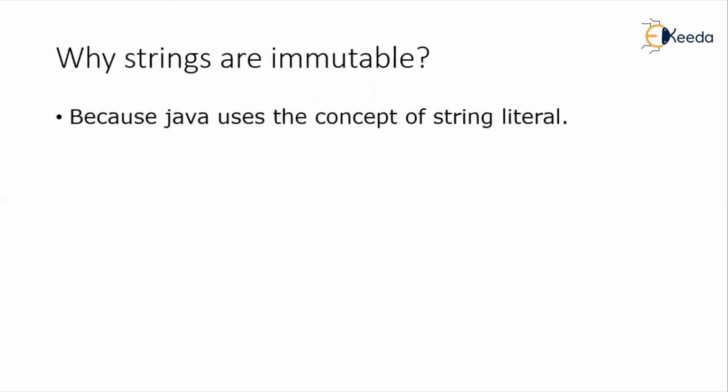This change will be reflected for the remaining references as well, because multiple references are referring to the same object. So if one reference modifies that particular object, the changed object will be reflected for the other references as well, and the data will be different, which is not acceptable. That's why string objects are always immutable.